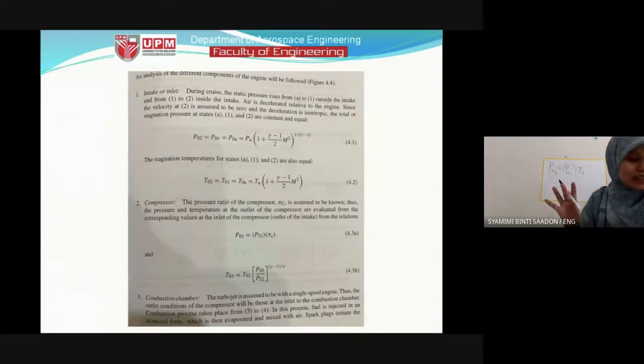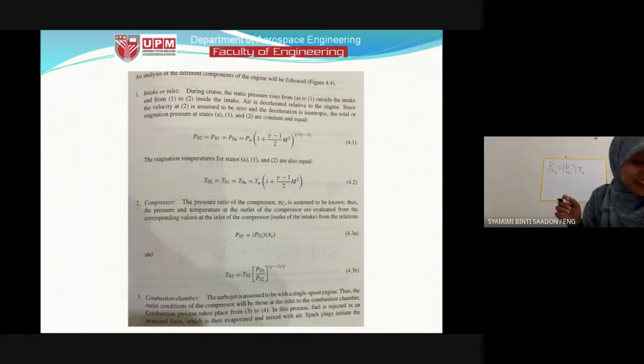So you have about 120. 120? 12 mana lah? Compressor pressure ratio 12. P total 2, bukan 120.